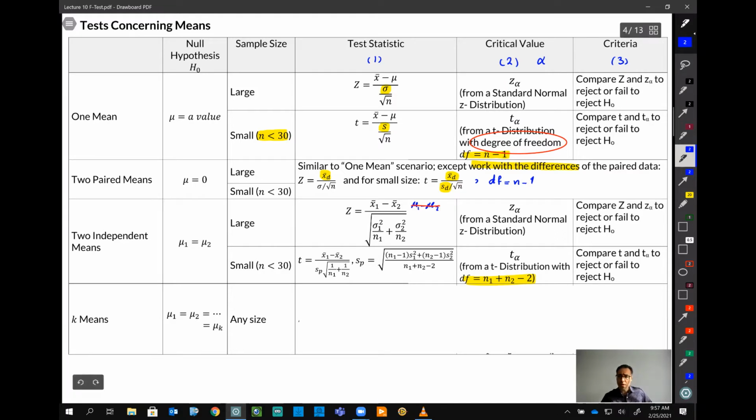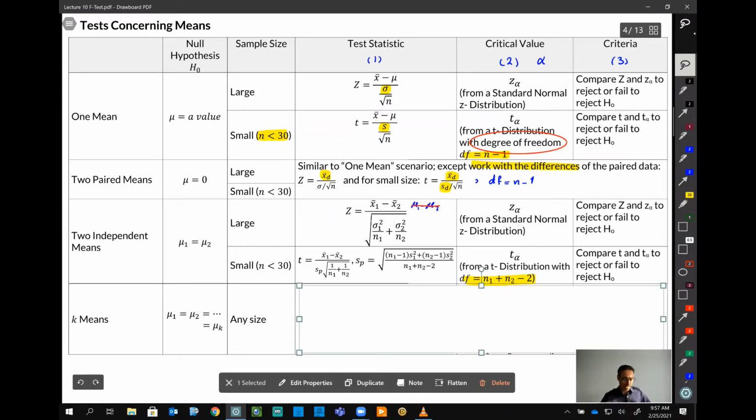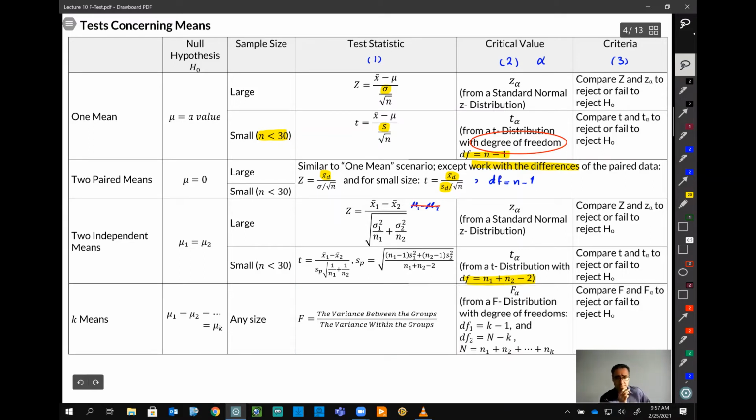And what we are going to do today is this last one, the k-means. And it can have any size, small or large. We are good. And this is what it looks like. And this will be the topic of our today.